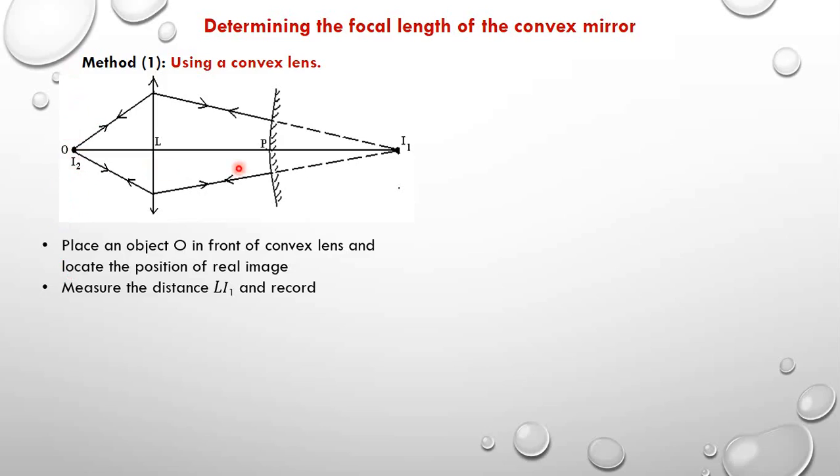So we shall move the mirror until we get a sharp image of that object formed where the object is, so they will be coinciding. When that is achieved, we shall measure the distance LP, the distance between the convex lens and the convex mirror.